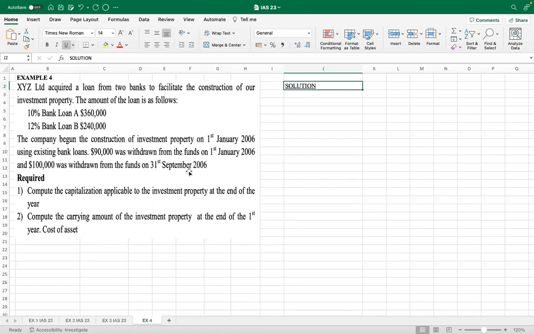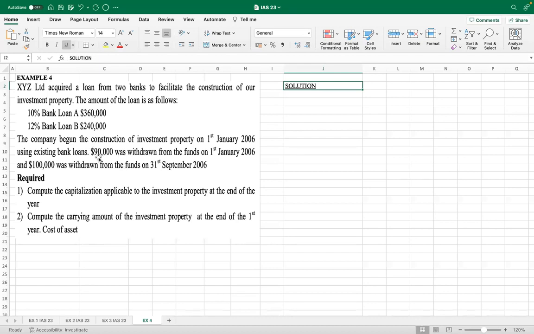Now, this question has not told you where the funds were withdrawn from. You have just been told 90,000 was withdrawn from the funds at the beginning of the year, and 100,000 was withdrawn from the funds on 31st September.